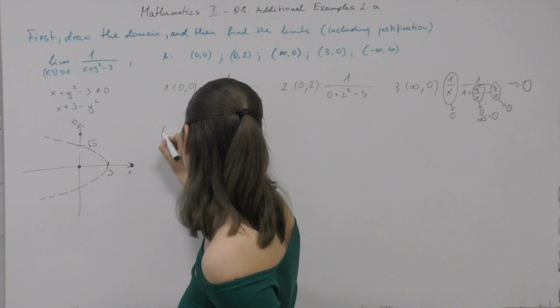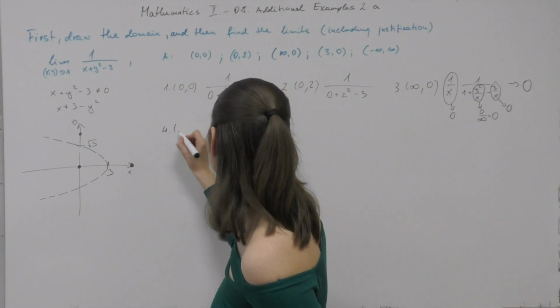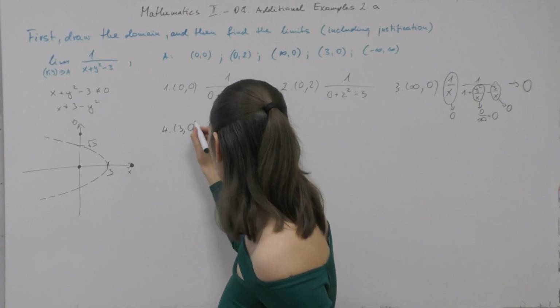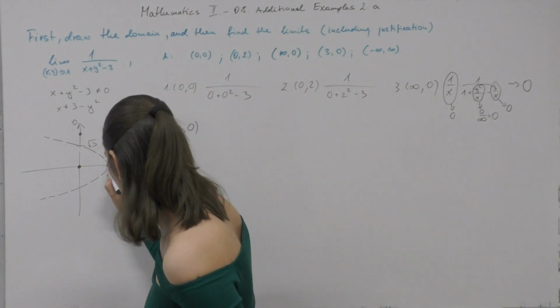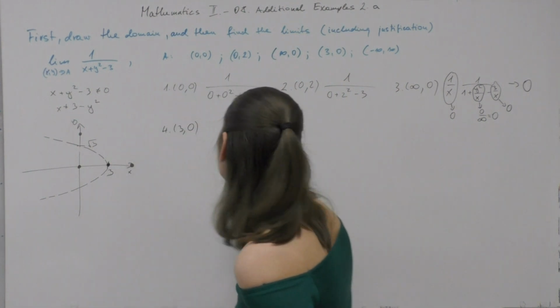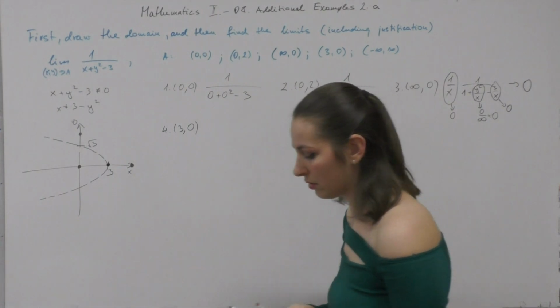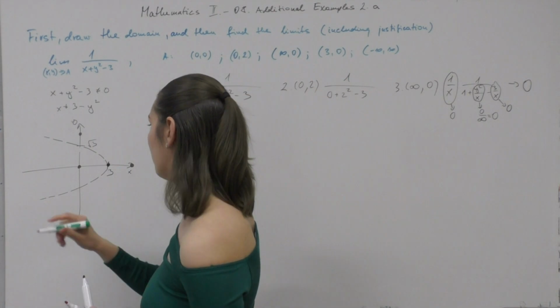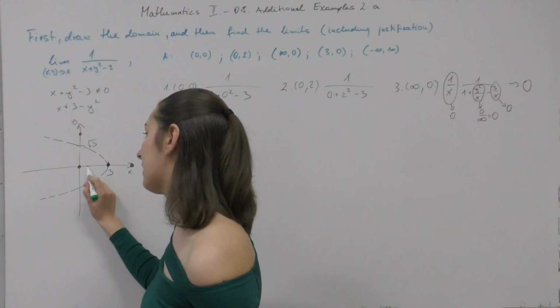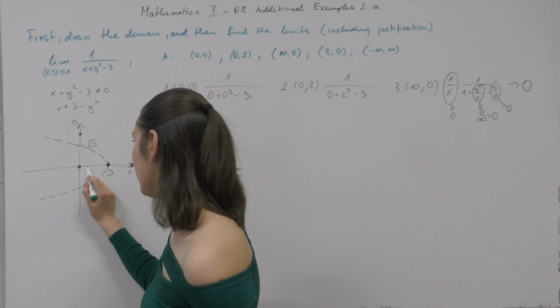Our fourth point is 3, 0, which is here, which is a problem because it is not in the domain, so we try to find different paths with different limits.